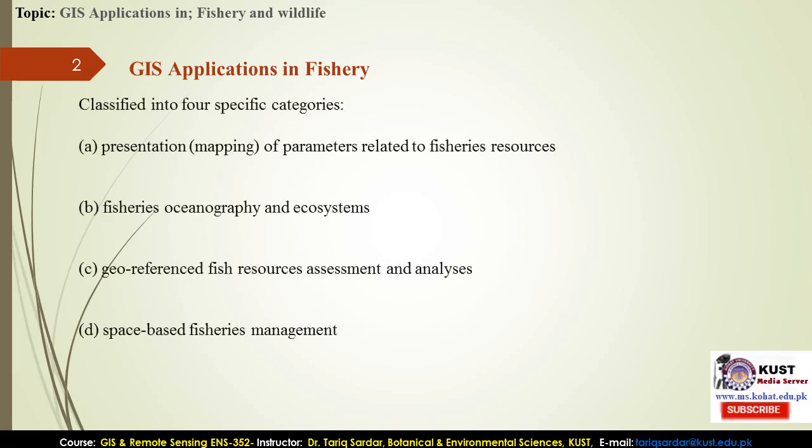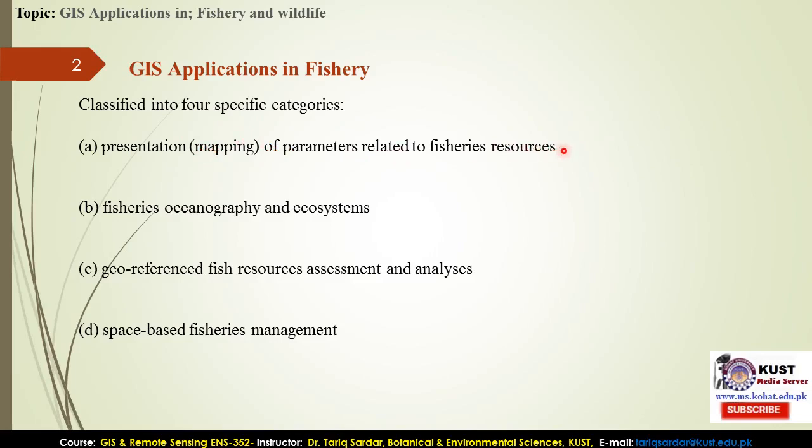On that application basis, the GIS in fisheries can be classified into four major categories. The first one is the presentation or thematic based mapping of parameters related to the fisheries resources. What does it refer to?